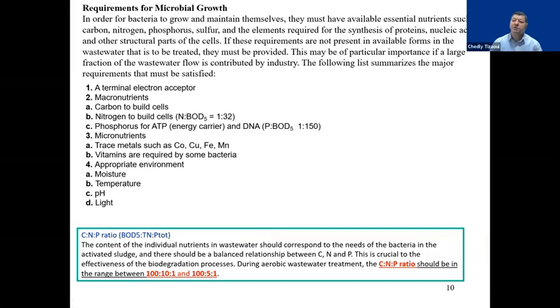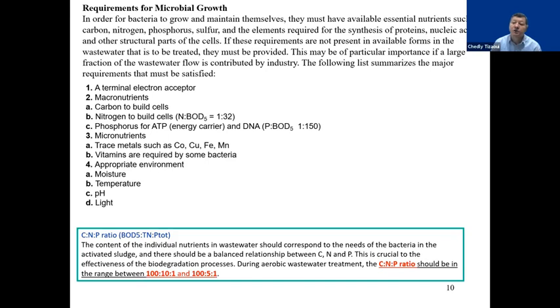In addition to the food, which is the organic matter available in the wastewater, you also need to have other conditions available for the microorganisms to grow nicely without dying, basically. For that, things like temperature, light, and pH are extremely important.